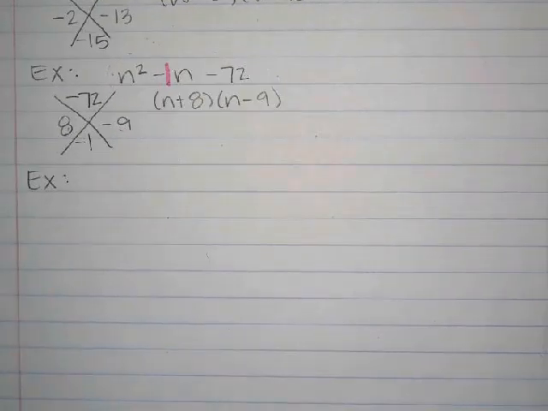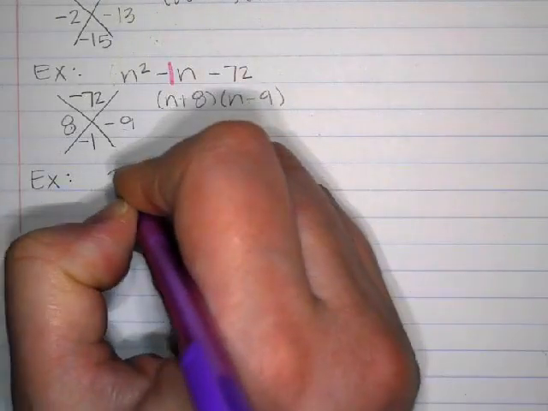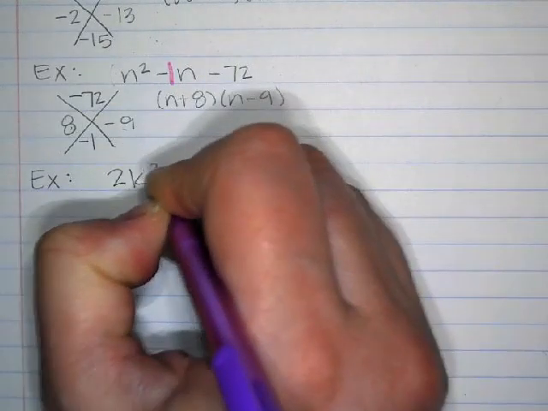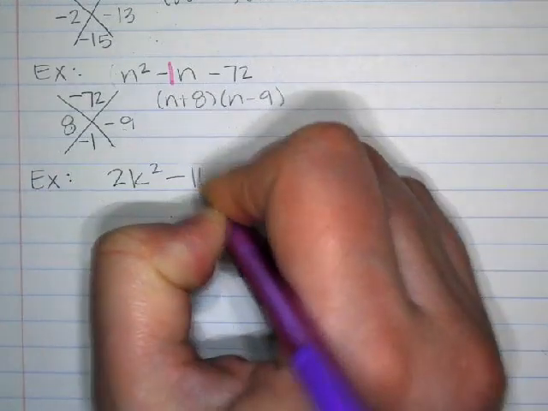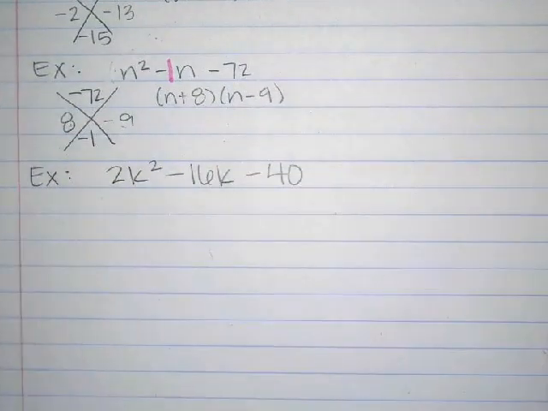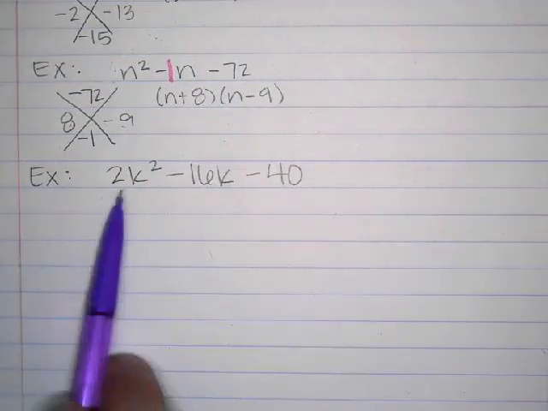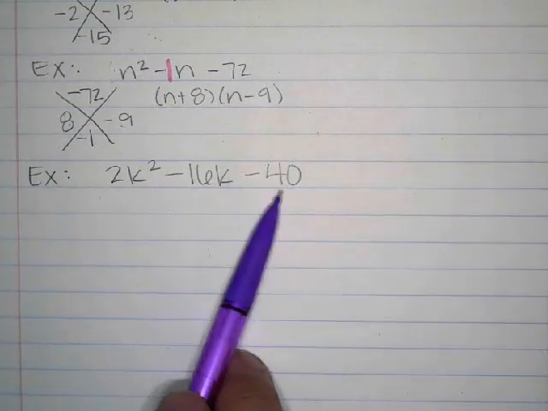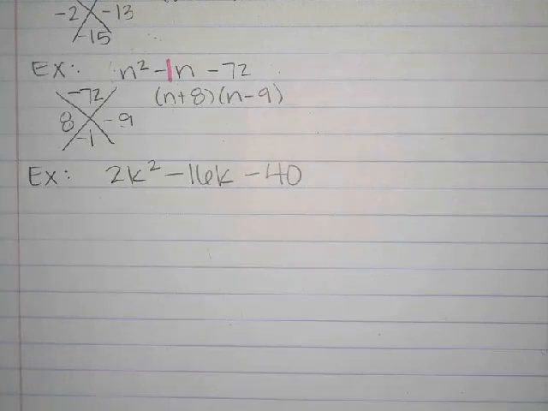So we're going to start with 2k squared minus 16k minus 40. So first, we're going to take out a GCF. Can anyone see what the GCF is?